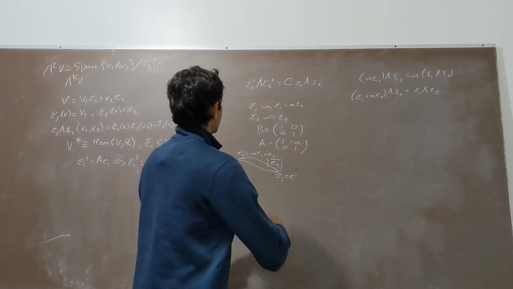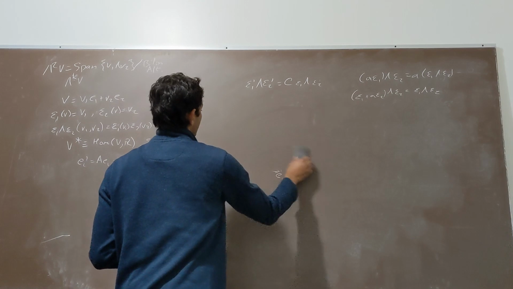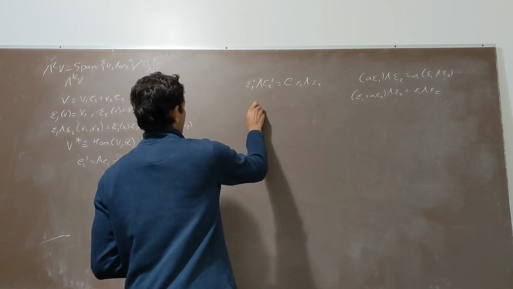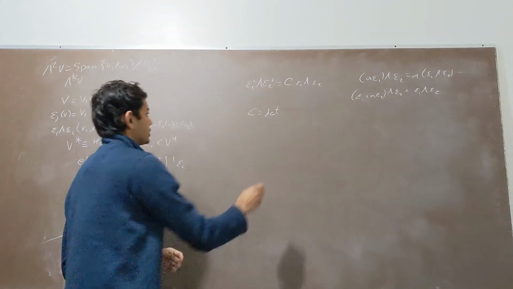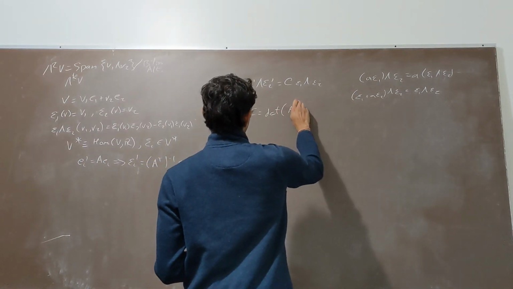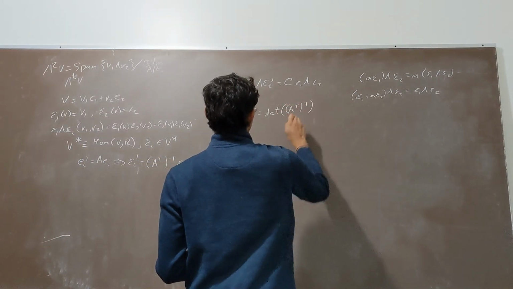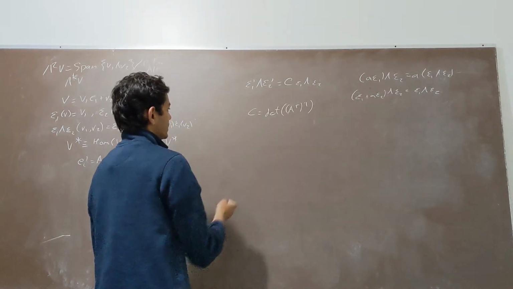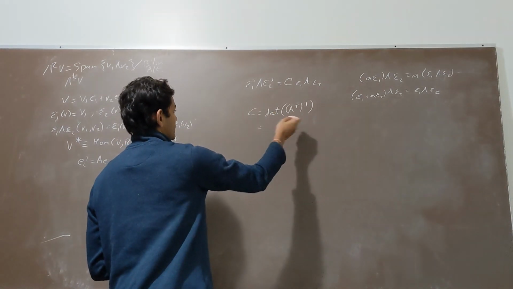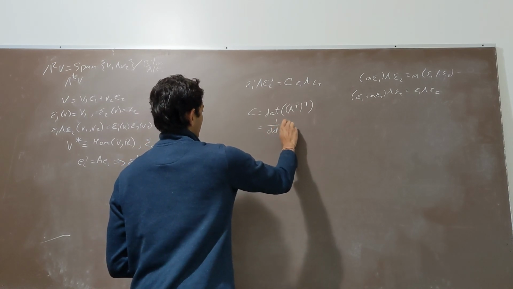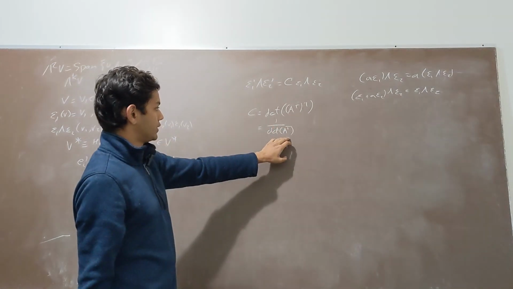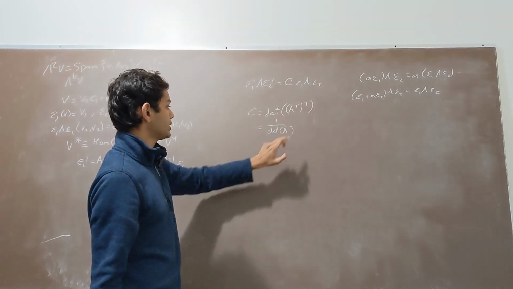In essence, this constant C is equal to the determinant of A transpose inverse. The determinant of the inverse of a matrix is 1 divided by the determinant of the matrix, and the determinant of the transpose of a matrix is the same as the determinant of the matrix.